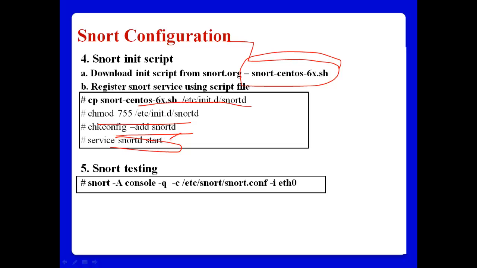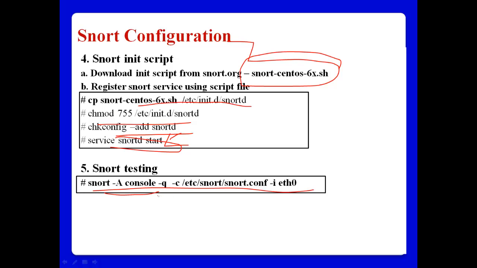If we don't start Snort, we can find that the Snort daemon is working in the process list. And if we want to test this Snort installation perfectly, then we can use this command.